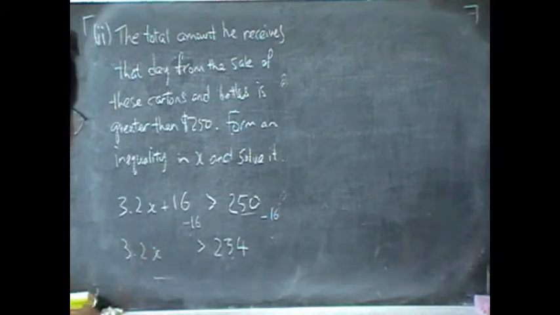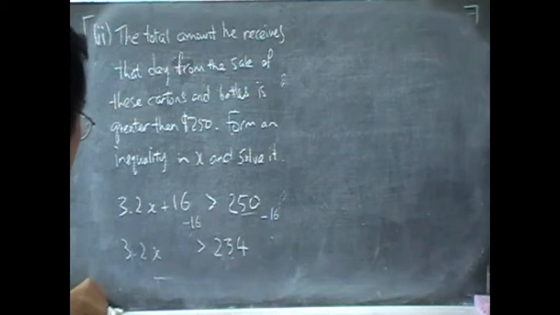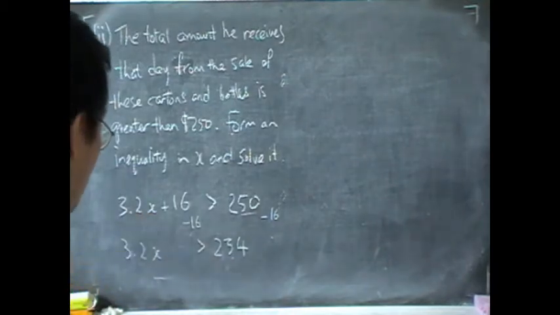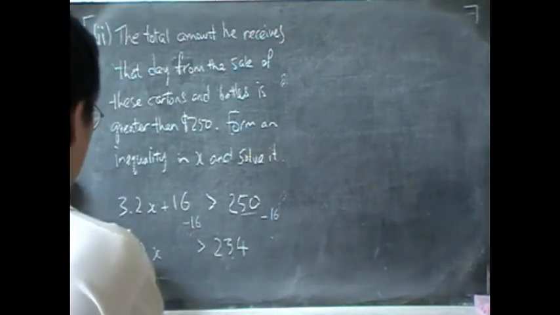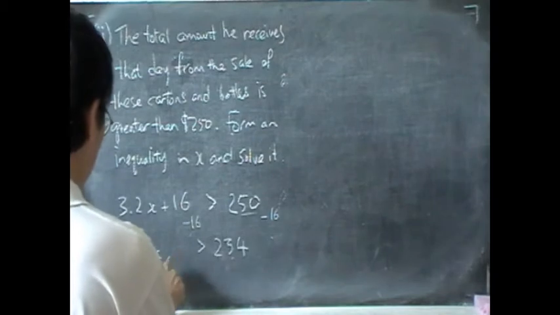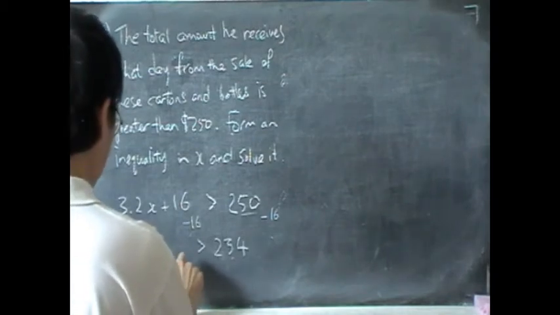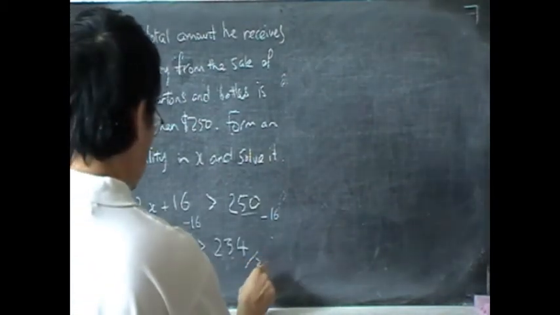Next, in order to have just x on one side, I would want to get rid of the 3.2. Since 3.2 is multiplied by the x, I would divide by 3.2 on both sides.